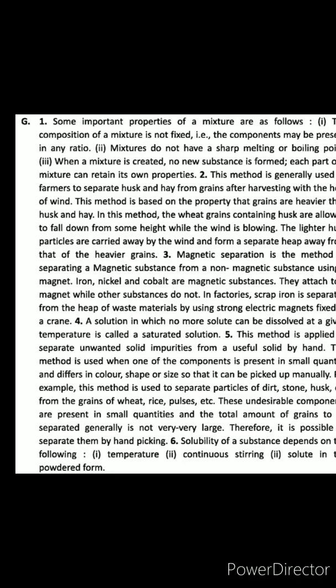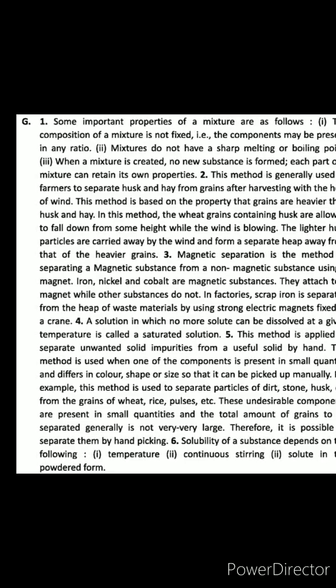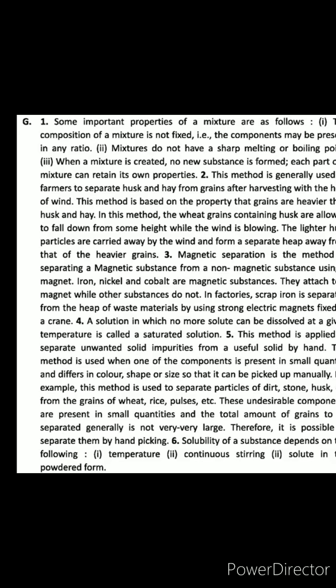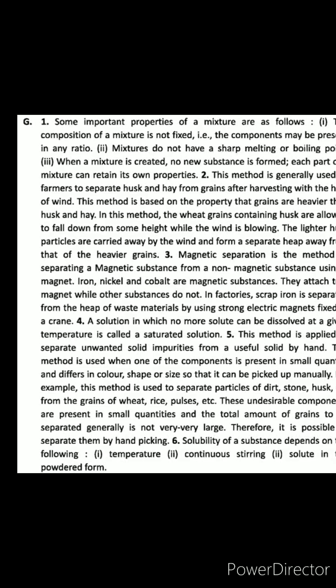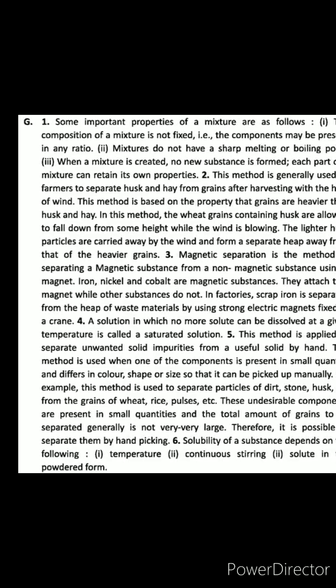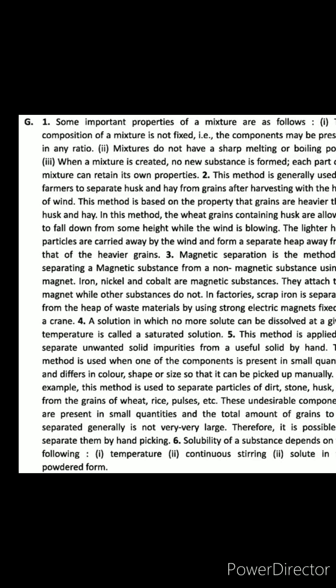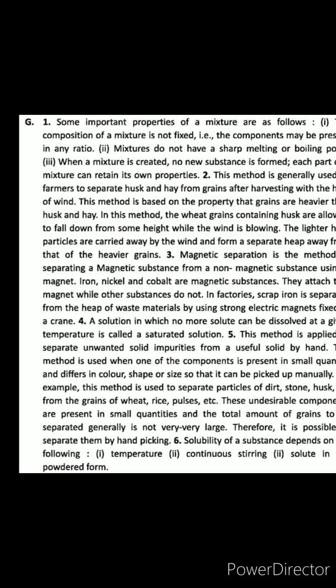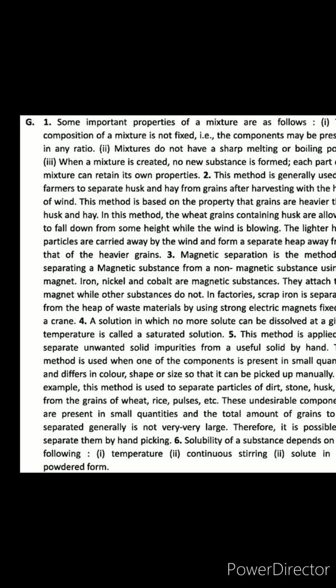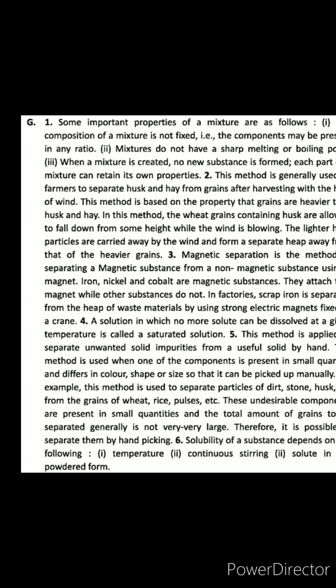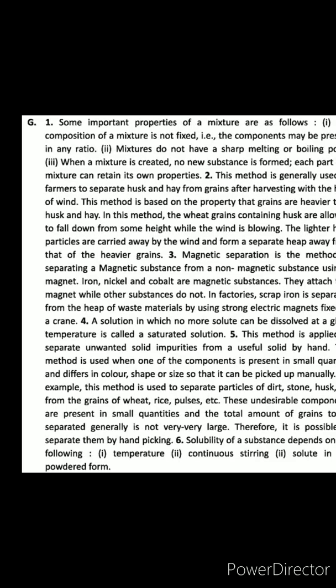Next, sixth one is name the factors on which solubility of a substance depends. Solubility of a substance depends on the following: temperature, continuous stirring, solute in the powdered form.